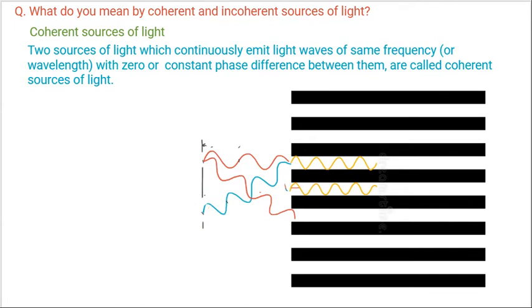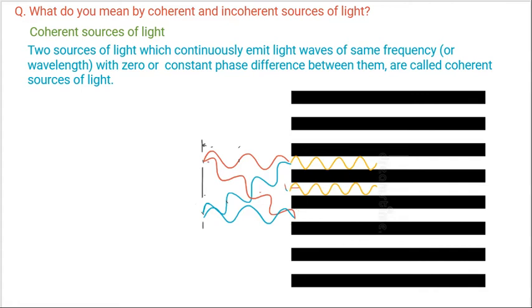This time this light has to travel a lesser distance: one wavelength, two wavelength, and three wavelength. Now in this case also the path difference is an integral multiple of lambda, and the phase difference is an even multiple of pi. In that case, you will get a constant phase difference.